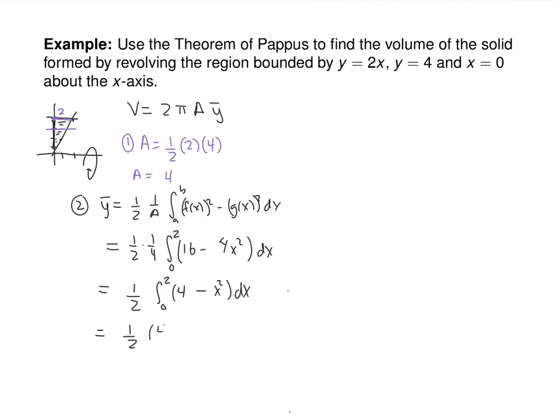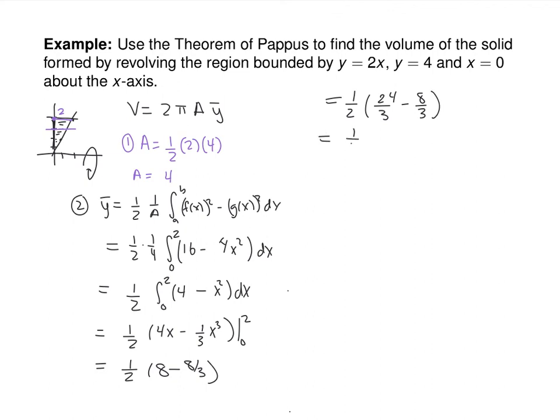So 1/2 times 4x minus 1/3 x cubed. So that's a half times 8 minus 8/3, or 1/2 times 24/3 minus 8/3, which is 1/2 of 16/3, or 8/3.